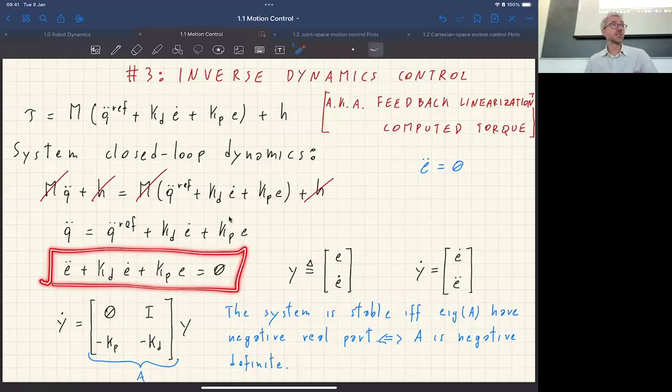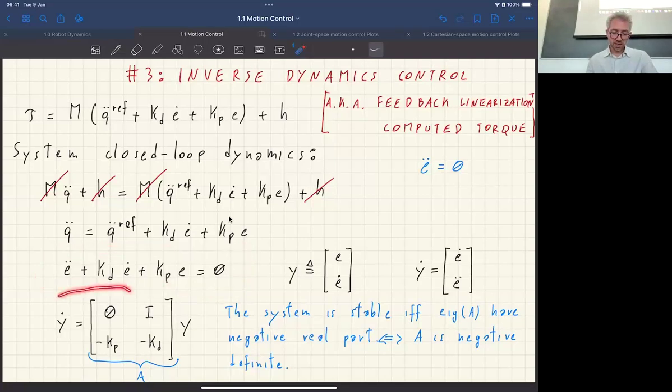So I'm simply rewriting the same equation in another form so that it's a first order system instead of a second order system, but I didn't change anything in terms of content of the equation. And the reason why I'm writing it as a first order system is that I can then use results that are holding for first order linear systems.